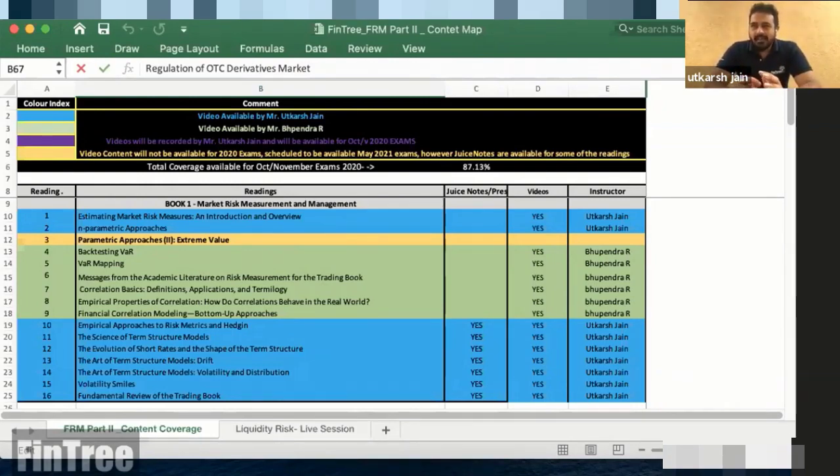So I would say, and again, that's a guess, but I would say if you're able to score 60%, that means if you get 48 questions right out of 80, I would say there's a decent probability you'd get through. If you score 70%, that means if you get 56 questions right out of 80, you're more or less passing the exam. Okay, so target should be 70% of the questions is what we want to get right.